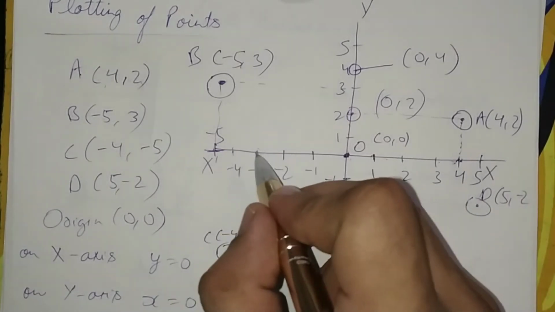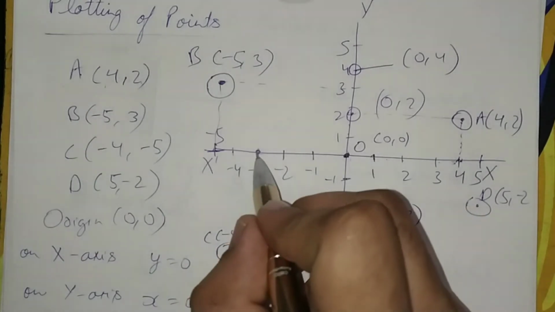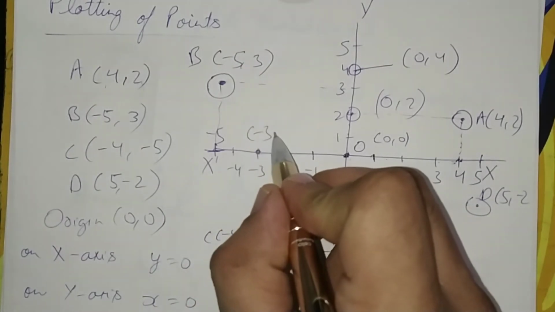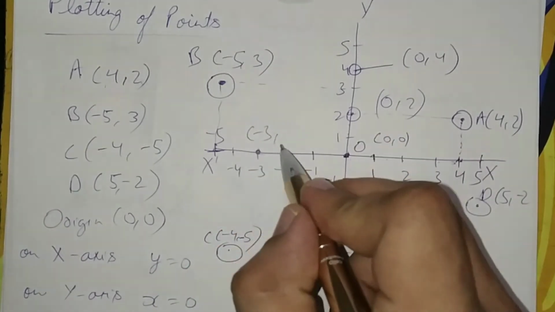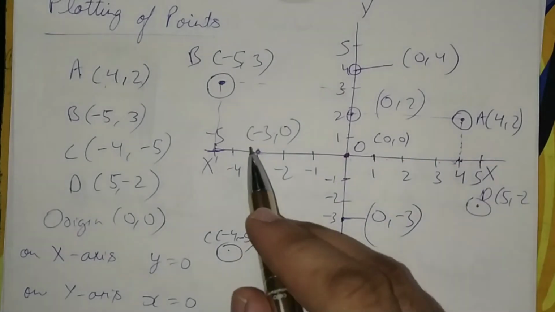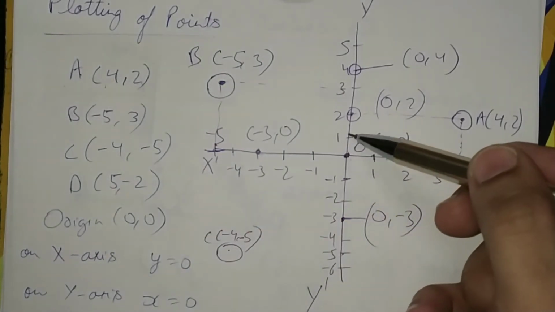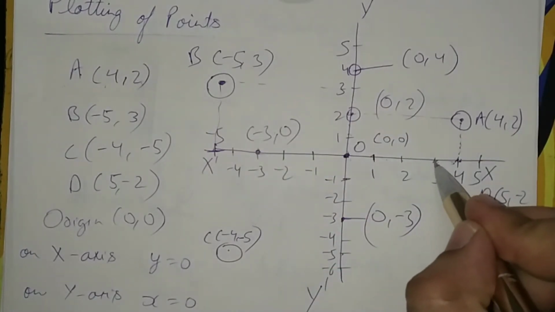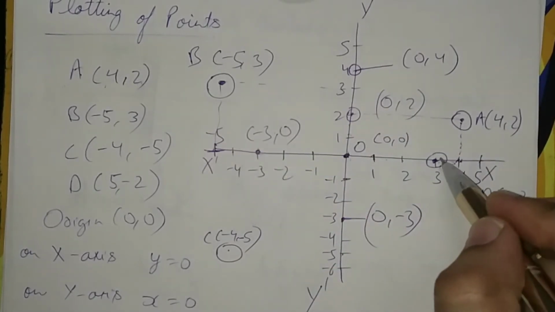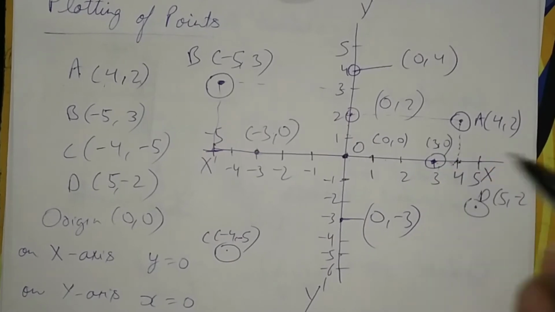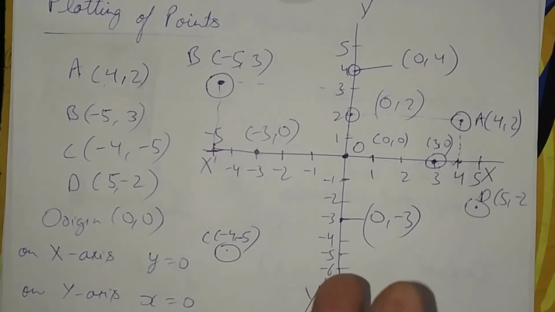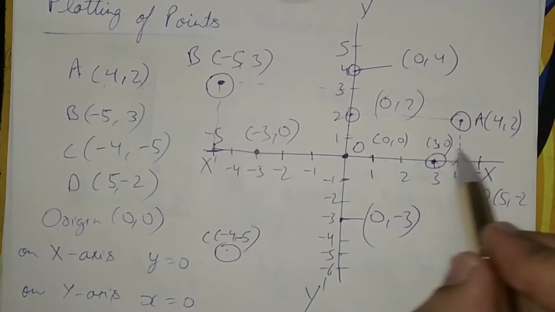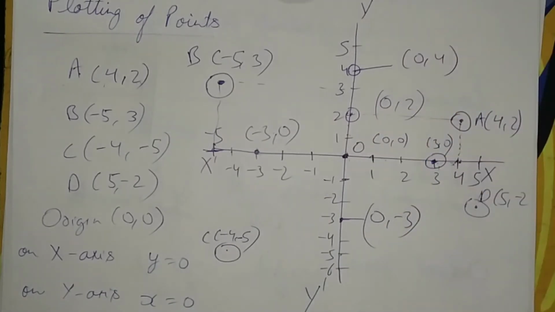Now on the x-axis this is minus 3. Minus 3 we will write first, comma 0. Y is 0. Same way this point, 3 comma 0. So on the x-axis y is always 0, on the y-axis x is always 0.